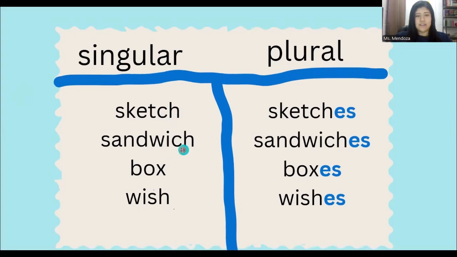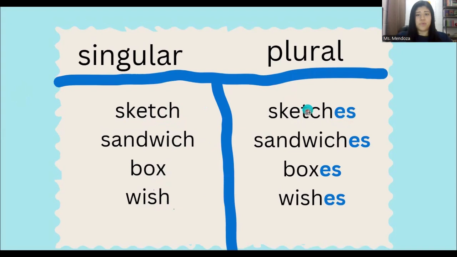CH, CH, X, SH. We are not going to remove anything. We're not going to change anything. The only thing we are going to do is add an ES at the end of the word. For example, sketch.